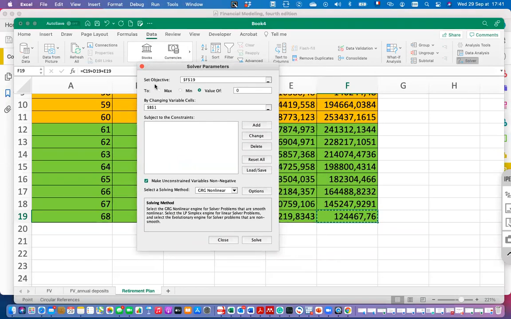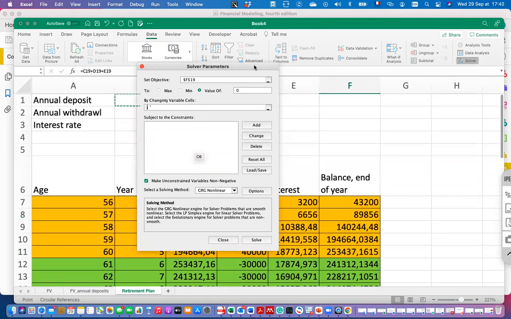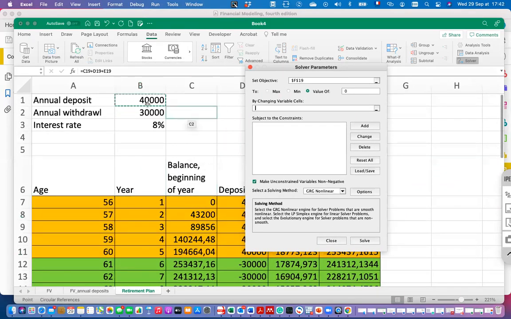See, set objective F19, which is the final cell here, to a value of 0. And in order to reach this value of 0, I have to change the annual deposit, right? So just click on the cell of the annual deposit.